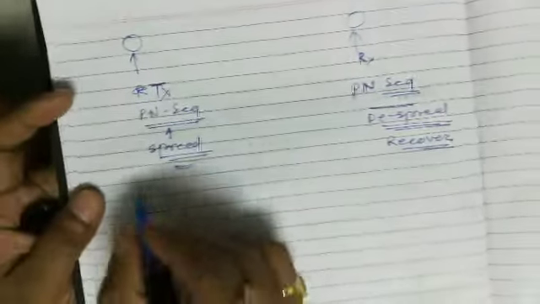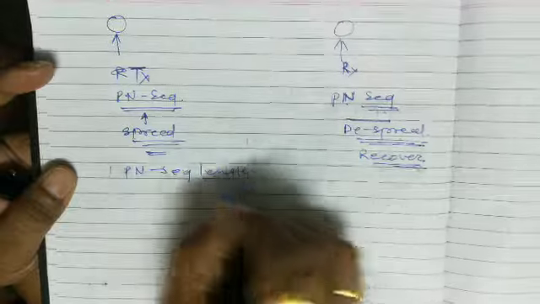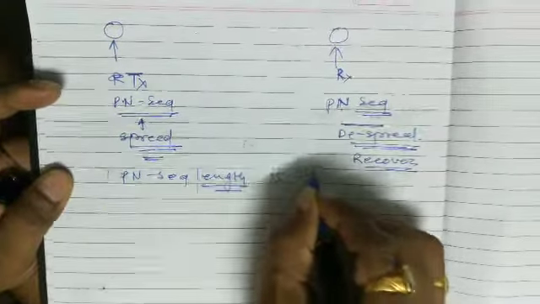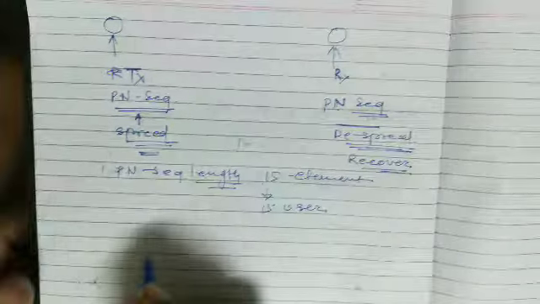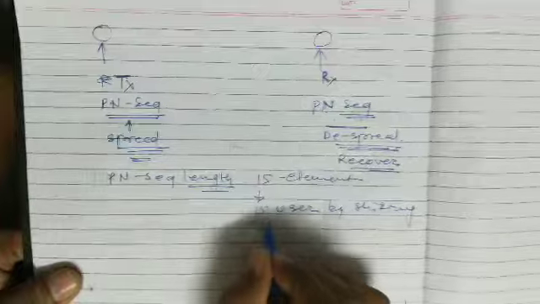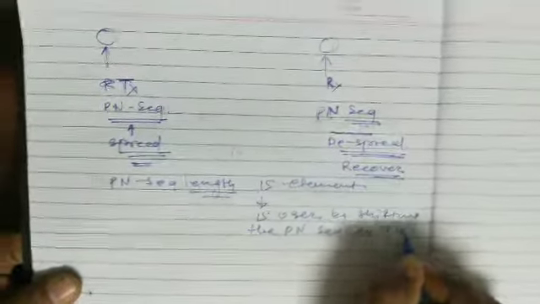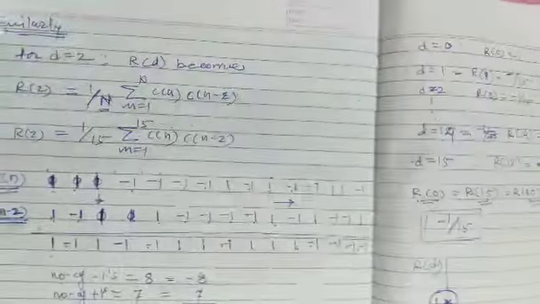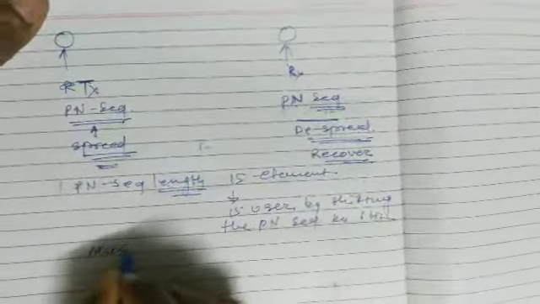Since the PN sequence length for this particular example consists of 15 elements, we can cater 15 users by shifting the PN sequence by 1 bit, and this makes this spread spectrum modulation technique very useful. That is, it gives the scope for multiple access.